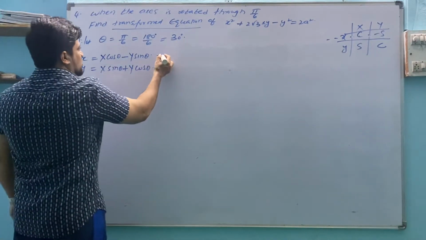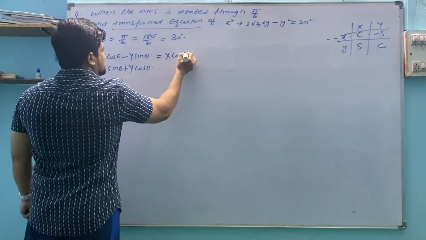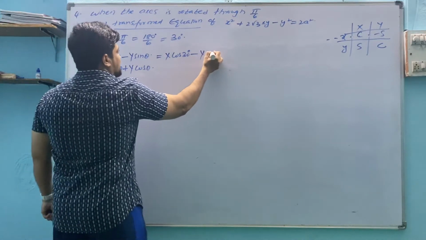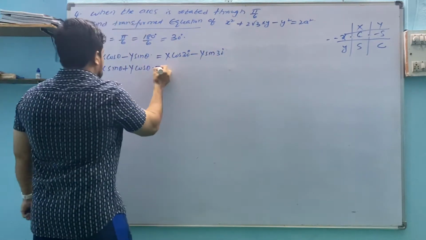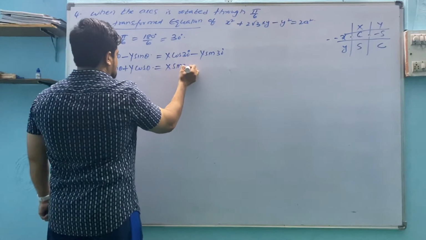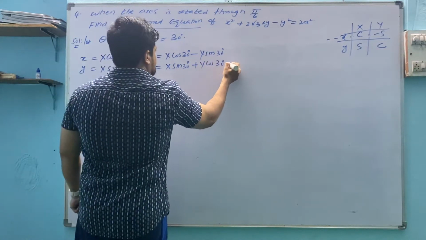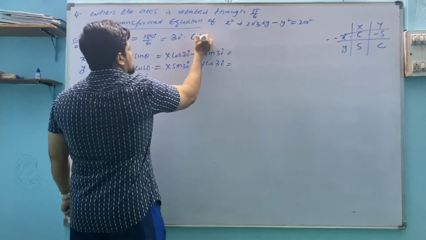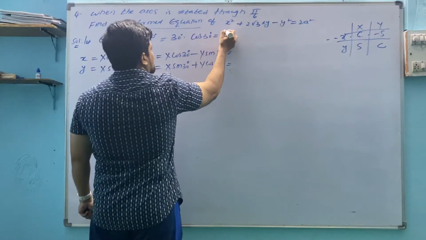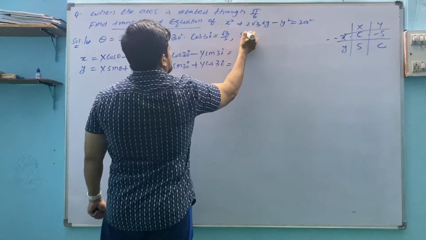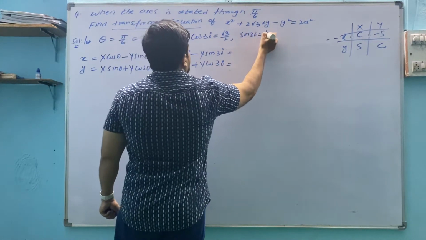Now x into cos theta, cos 30 degrees, y into sin 30 degrees. X into sin 30, y into cos 30 degrees. Cos 30, you have to remember the value. Cos 30 is root 3 by 2. Sin 30 is 1 by 2.